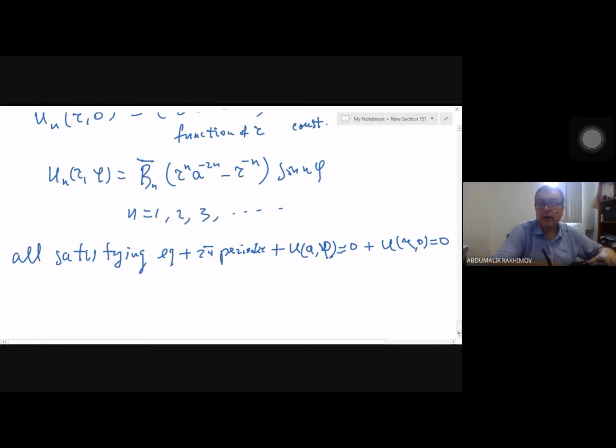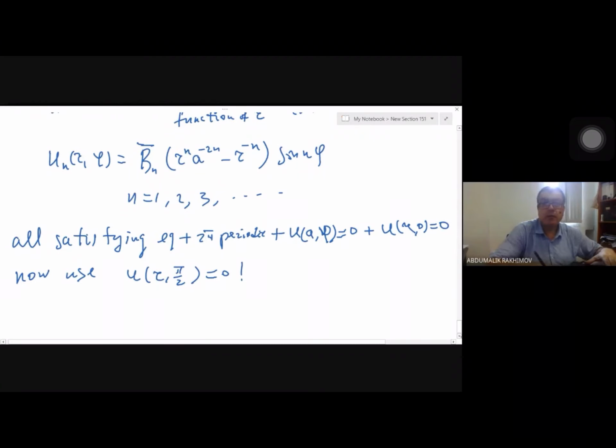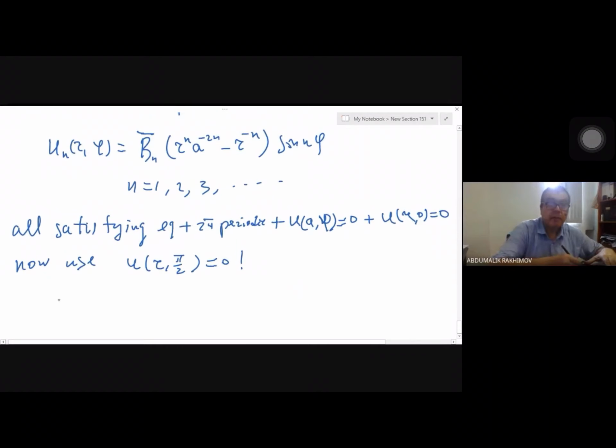Now I have one more condition, right? One more zero boundary condition. What is the condition? u(r, pi over 2) is equal 0. Okay, so if we use this one, for this un, what will be?